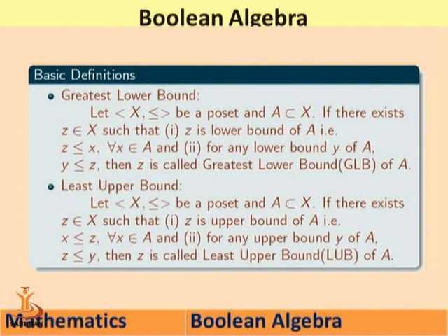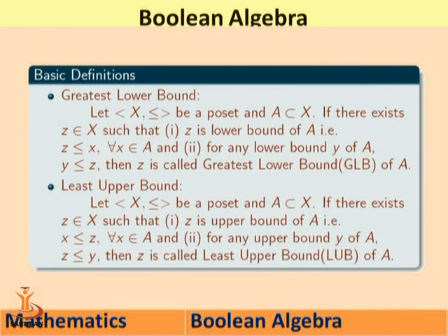So here again we take a poset X, less than or equal to, and a subset A of X. Now any element Z in X is said to be an upper bound of A if X is less than or equal to Z for every X in A, and if there exists any other upper bound Y of A, then Y should be greater than or equal to Z. That means Z is the least among all upper bounds of set A. Then Z is said to be a least upper bound of set A.